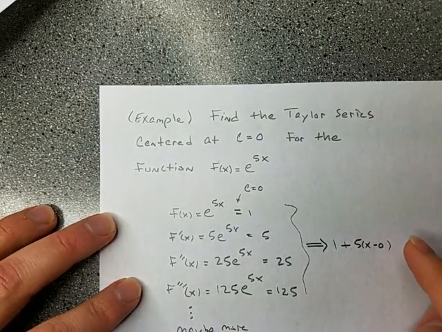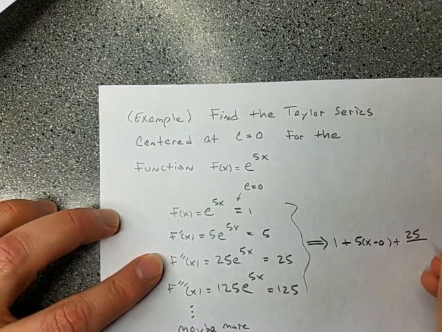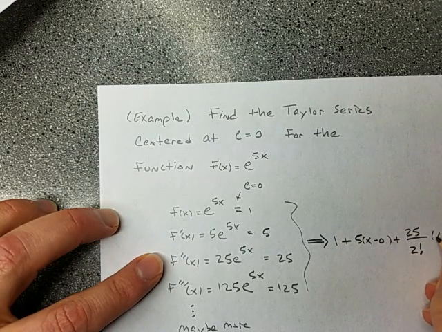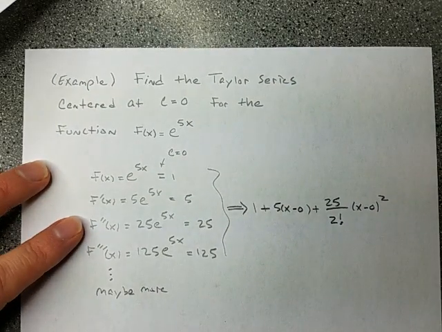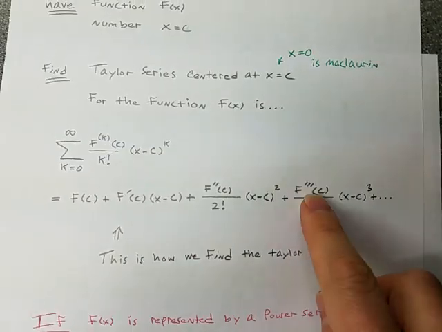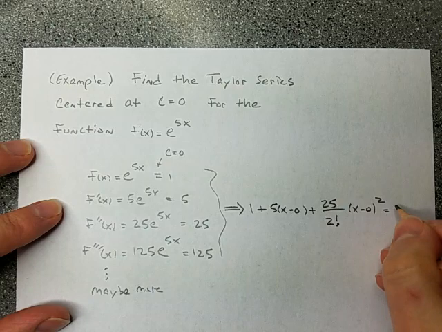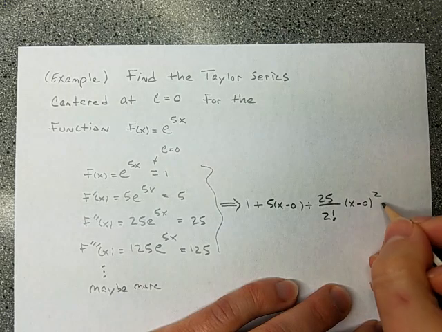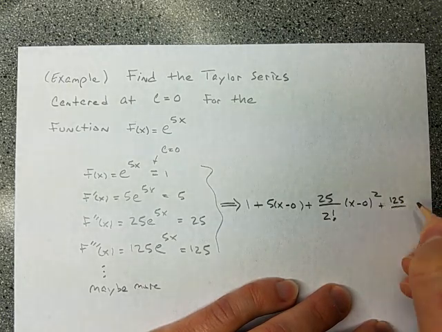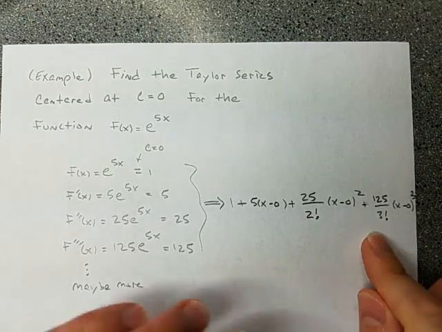Then the next one, f double prime c, that's 25, over 2 factorial times x minus 0 squared. And then the next one, f triple prime c over 3 factorial times x minus c to the third power. So that's going to be 125 over 3 factorial times x minus 0 to the third power. Run out of room, but you can see it right there.